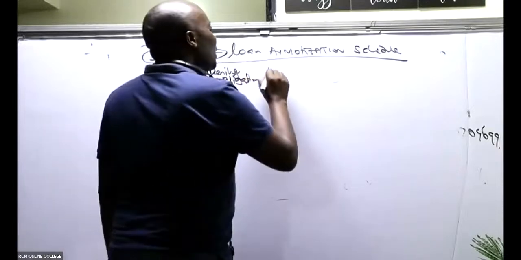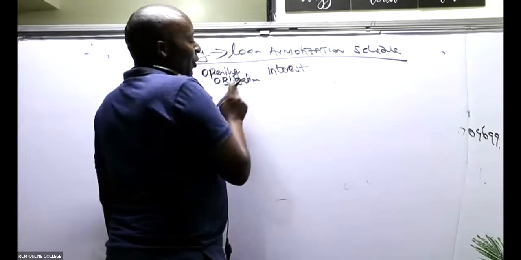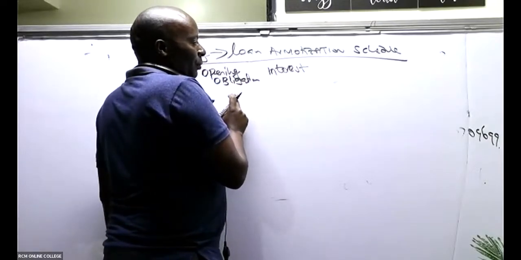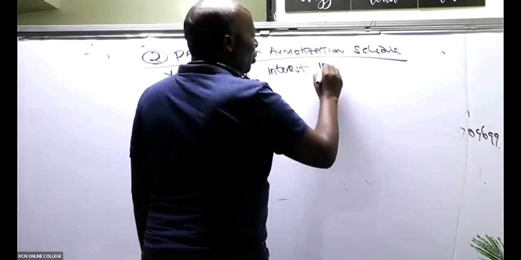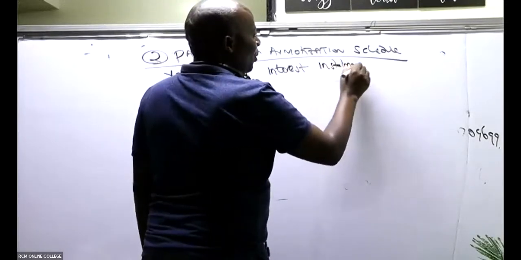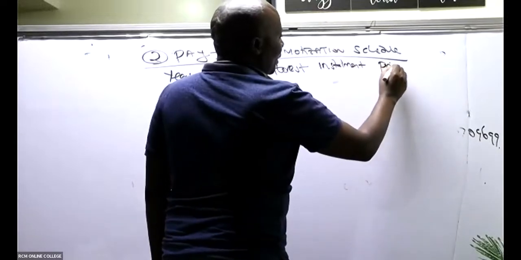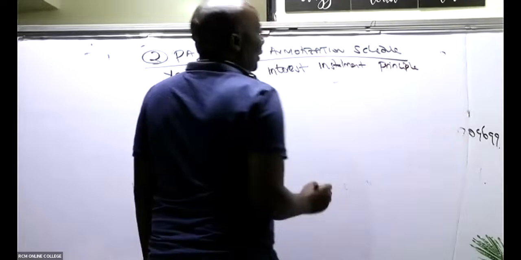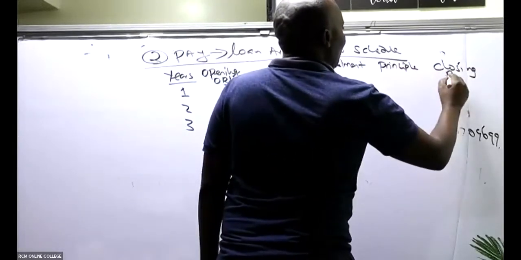This opening obligation will always attract interest. Remember, interest is normally levied on the opening obligation. From there, of course, we shall have our installment, then our principal amount, and lastly, what we call the closing balance.